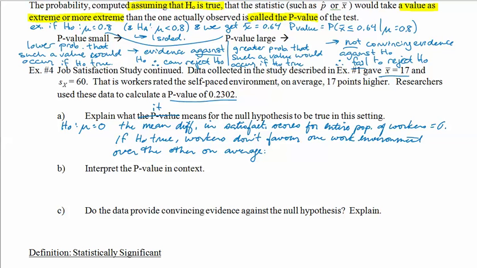So that's what the p-value means. And in this case, since HA is two-sided, we need to look at both tails.